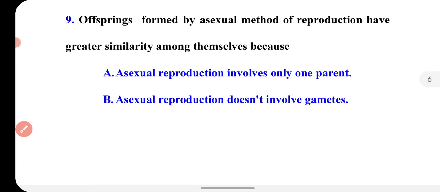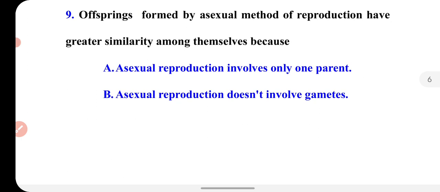Next question is, offspring formed by the asexual method of reproduction have greater similarity among themselves because... The organisms developed by the asexual method are very much similar to their parent. What is the reason for this great similarity between offspring and parents?